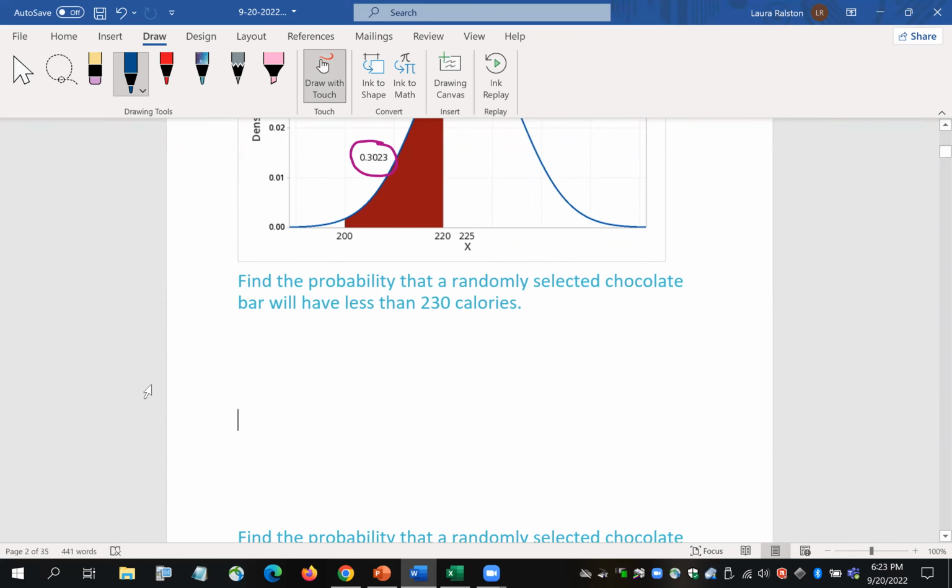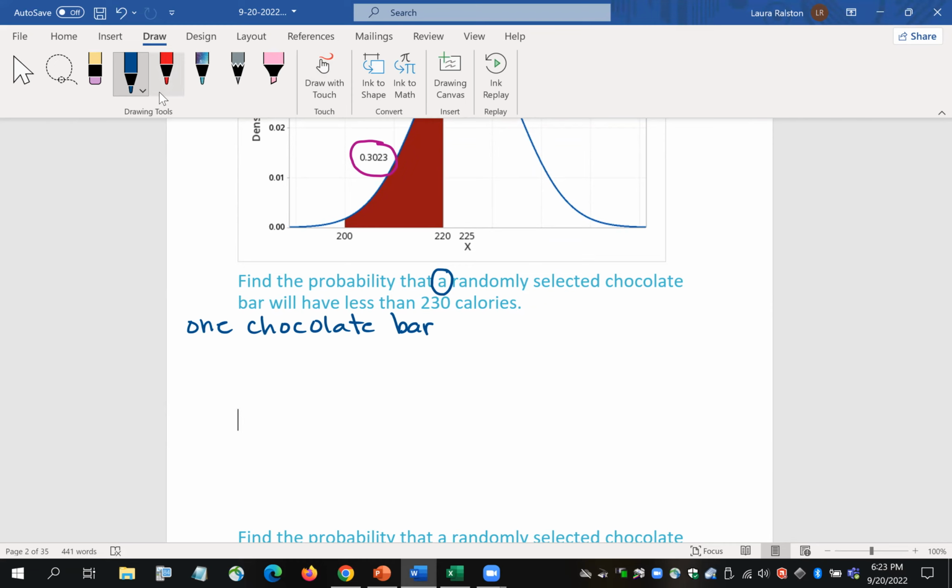Again, notice this one says a or one chocolate bar. So again, even in this scenario, we're doing one chocolate bar, okay, because of the A.